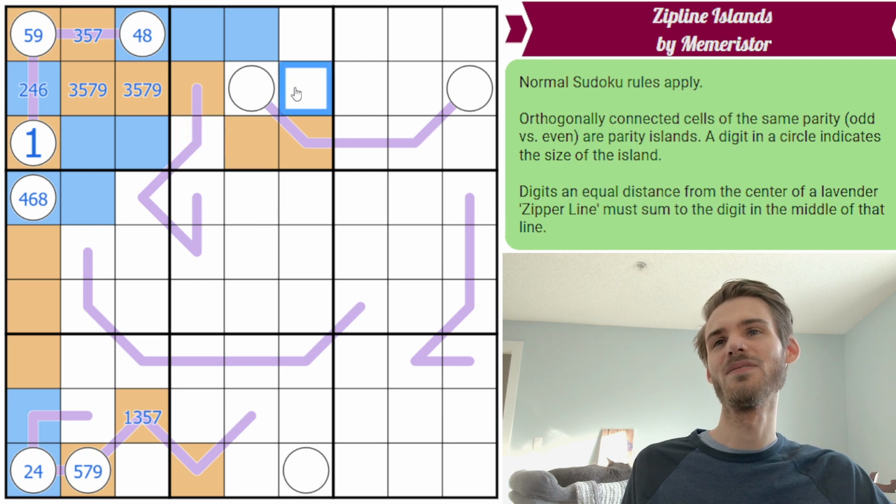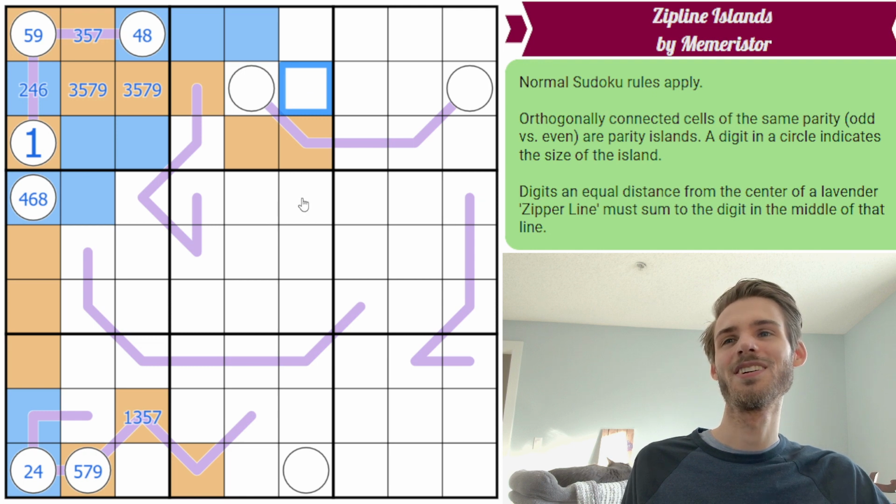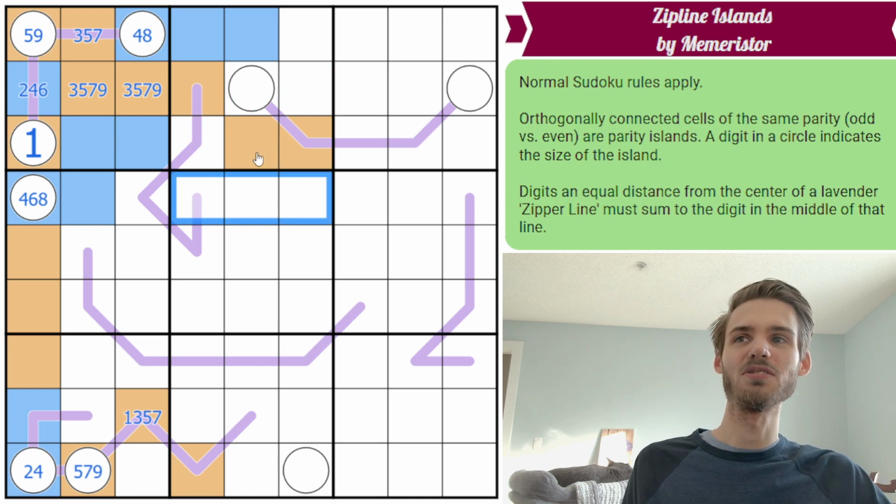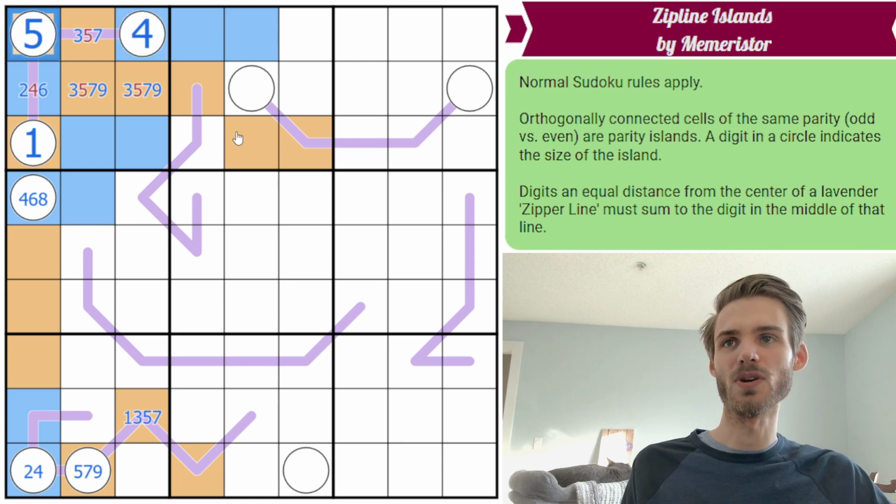I think there's a more elegant way to prove this. Oh, we can never have this be even if this is 9, because we either have these two in or these two in as even. So if these two are in, these two are odd, and we have 3 evens. So that's just what the step is, right? Okay. So then we know that this can't be 8, because then this would be 9, and 9 is problematic for this row.